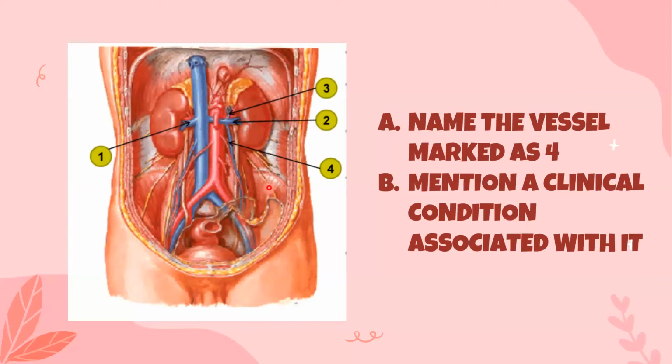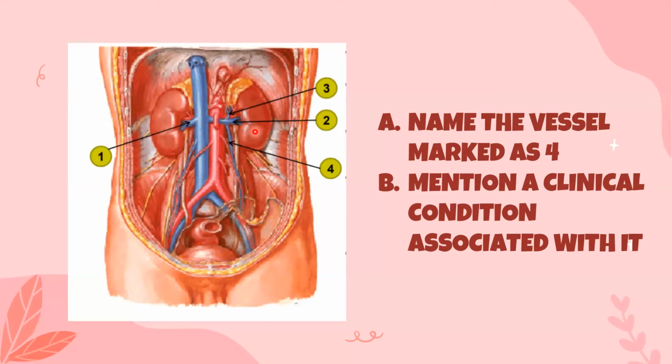So we mentioned, I think 2 is left renal, perfect. Which one is the right renal vein? 1, perfect, yes. What about 3 then? Right suprarenal vein, perfect, amazing job.